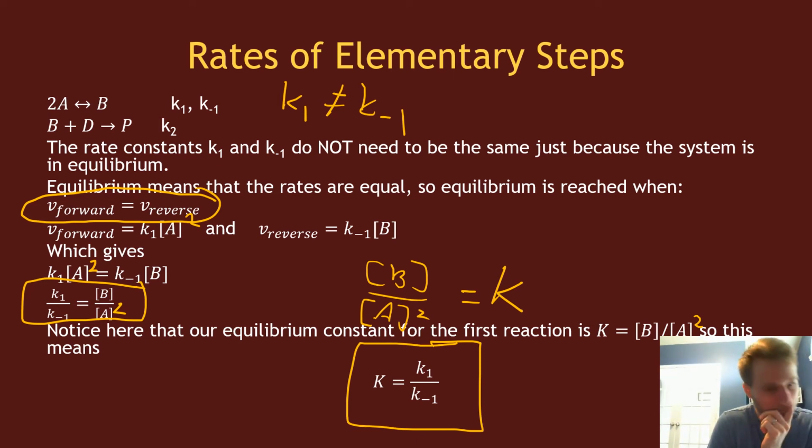When equilibrium is established, it's the reverse rate and forward rate that are equal, not the rate constants.